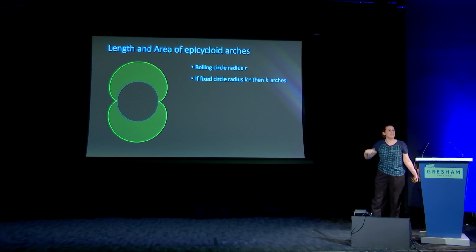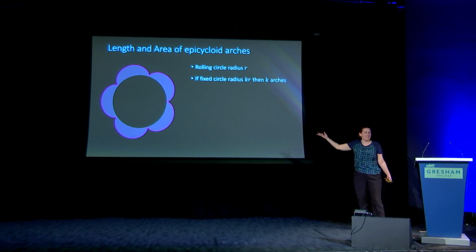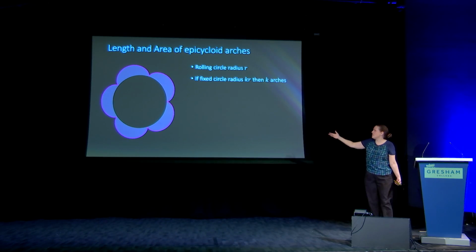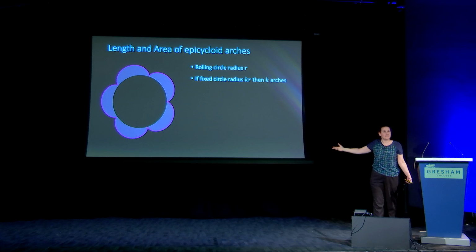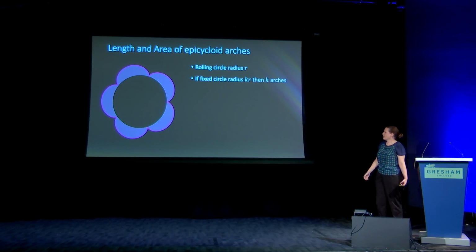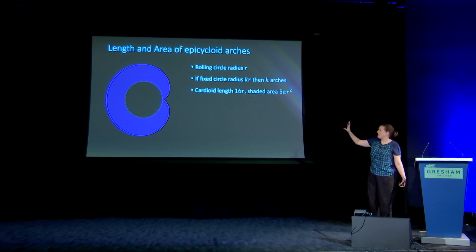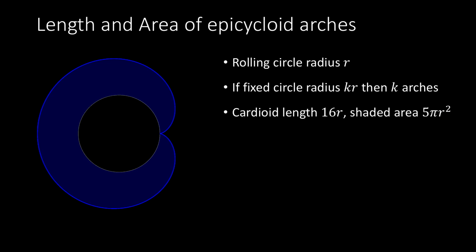For the cardioid, k equals 1. For this one, which I don't think has a name, an epicycloid with 5 arches, k equals 5. So the number of arches is the multiple of the radius of the bigger circle. So there are some facts about the area under the arches and the length.